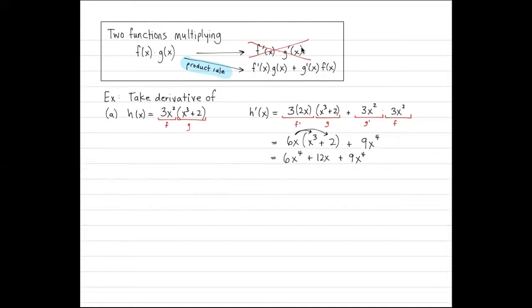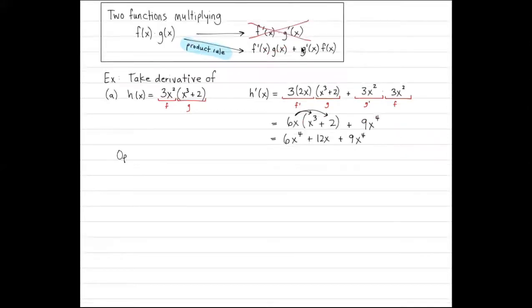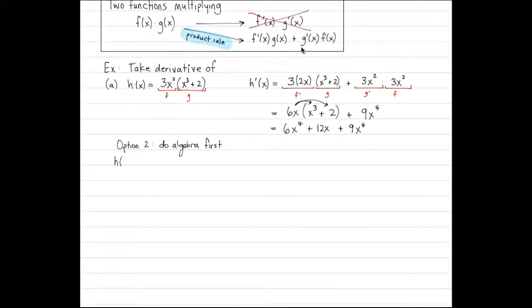Now, depending on the original function, I do want to point out that we always, always, always can do algebra first before we go through and take the derivative. So another option here, maybe I'll write this out as option 2, do some algebra first. Okay. In this case, for this h of x, I could go through and actually multiply that 3x squared through.